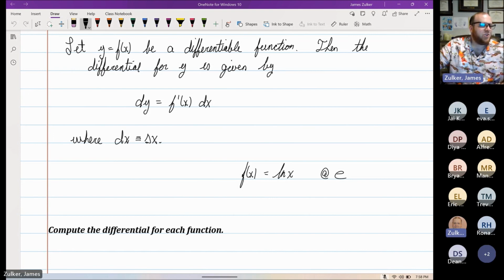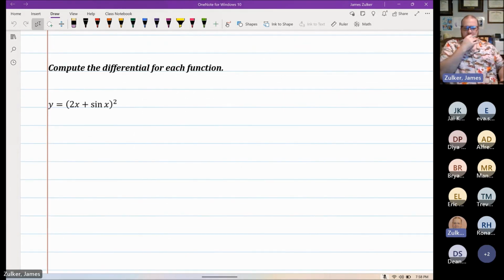And by the way, differentials are also going to be important when we study integration. So what we're going to do is compute the differential for each function.